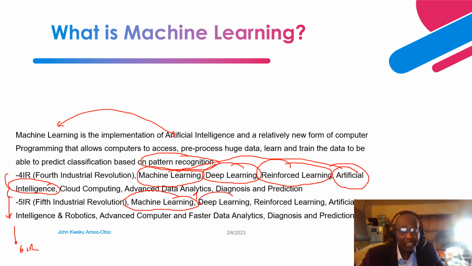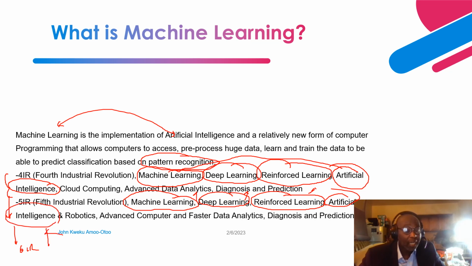We'll still have deep learning, but faster algorithms. We'll still have reinforced learning, but faster algorithms. Then artificial intelligence is still going to be there, but with faster algorithms.